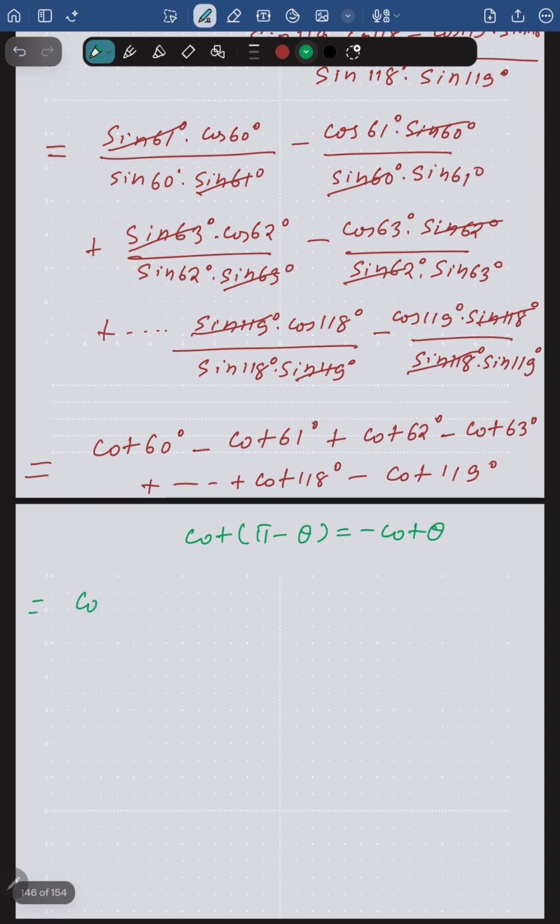Now cot 60 degree no change, minus cot 61 degree also no change, plus cot 62 degree no change, cot 63 degree no change, plus and so on.